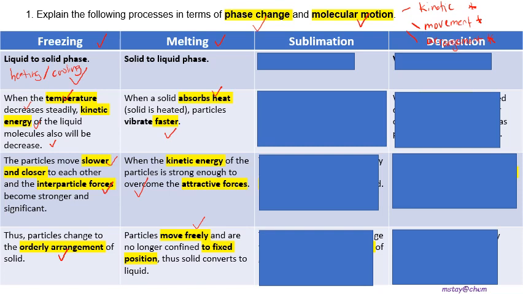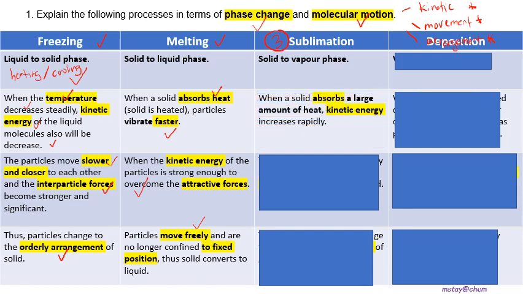Next process that we are going to discuss is sublimation. Sublimation is a process where solid changes to gas phase. Again, this is also a heating process. So we will mention that the solid absorbs the heat and then the kinetic energy increases rapidly. This time we didn't use the term vibrate, but we can relate it with the kinetic energy.